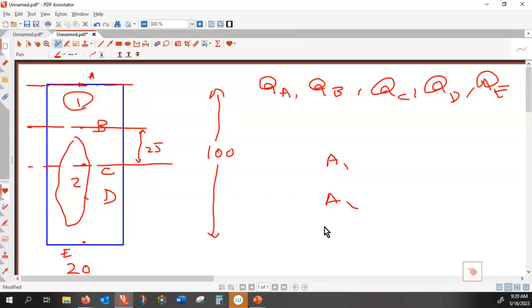Yes, right? And are you able to find the distance of each area from the neutral plane? So this section 1, where is its centroid? The centroid is right here. That centroid measured from here, I call this y bar 1.